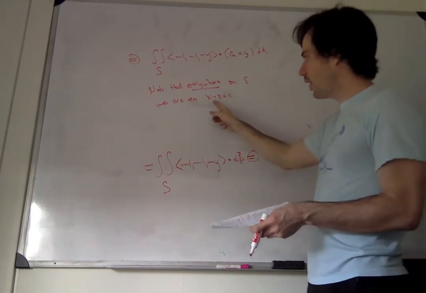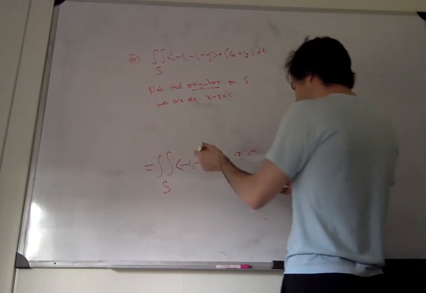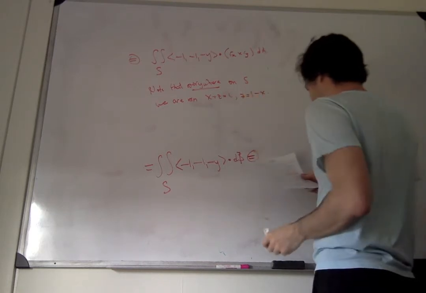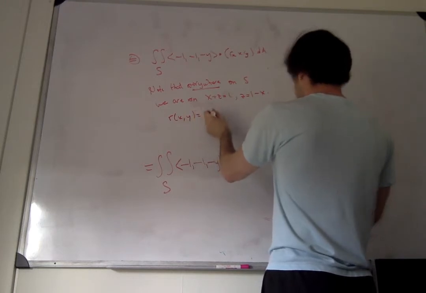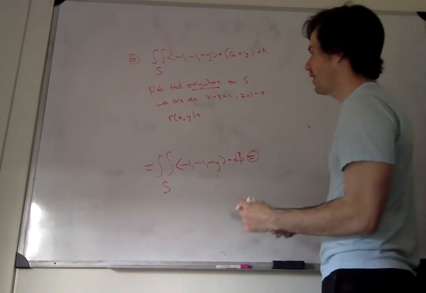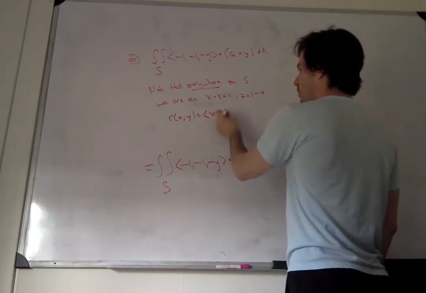So you're still on x plus z, and you still have z equals 1 minus x, okay? So r is a function of x and y. That's the point, and you still have this constraint. So what is x? Well, x is x, and what is y?